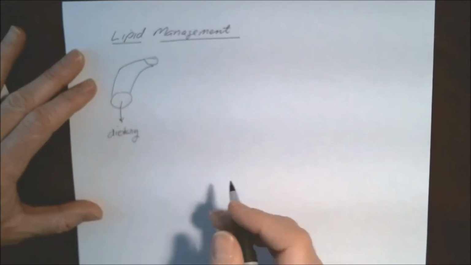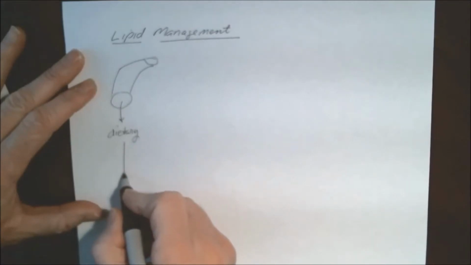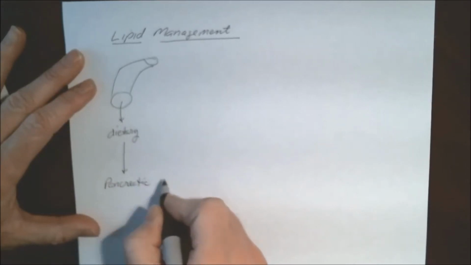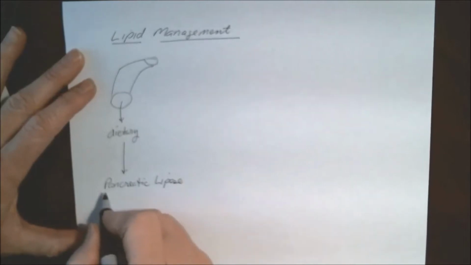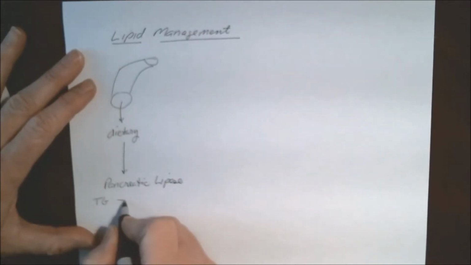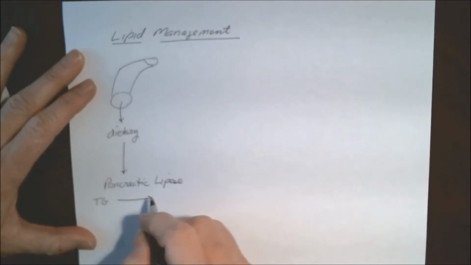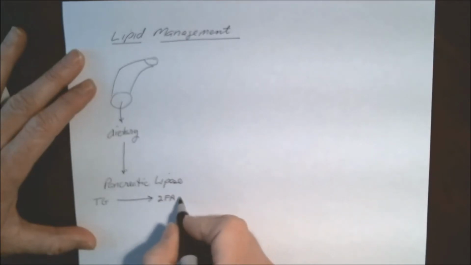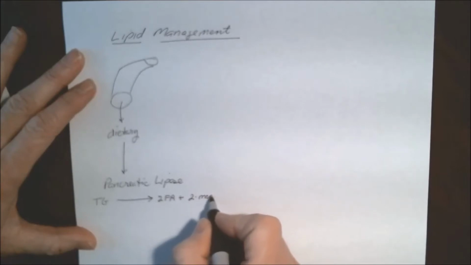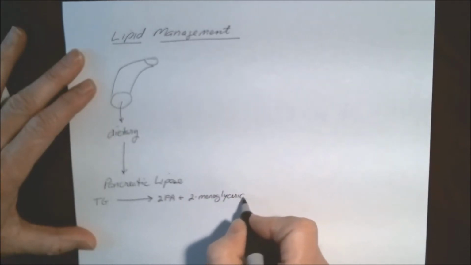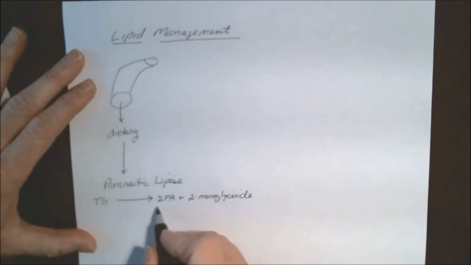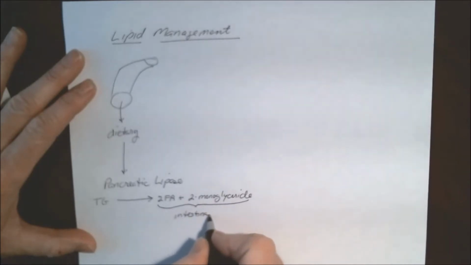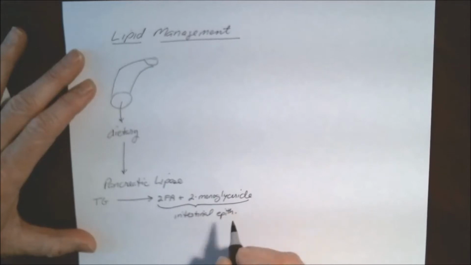These dietary fats are digested, as we have seen, by our pancreatic lipase, which is going to take our dietary triglycerides and convert these into 2 fatty acids plus our 2 monoglyceride structure, and then these can be taken up by our intestinal epithelial cells.